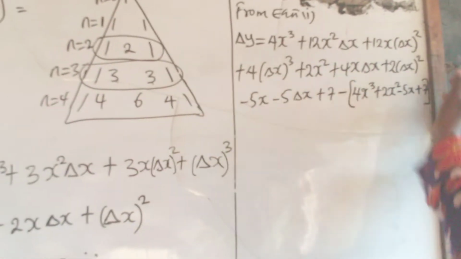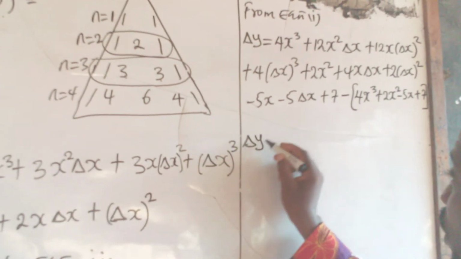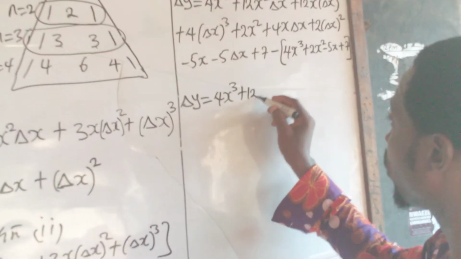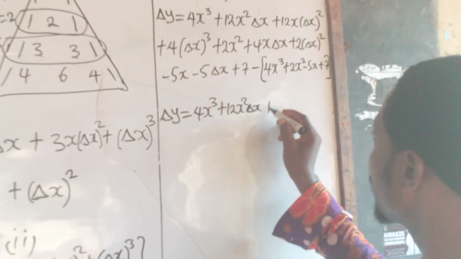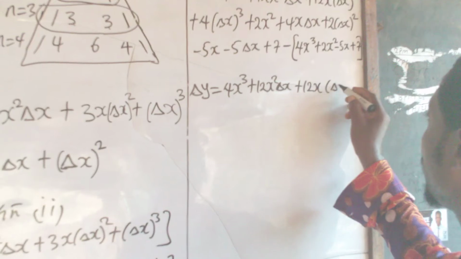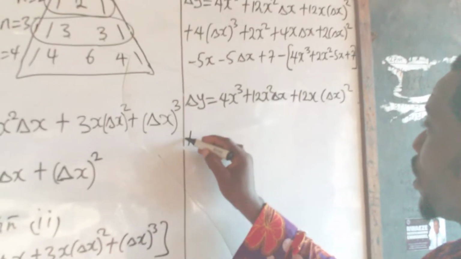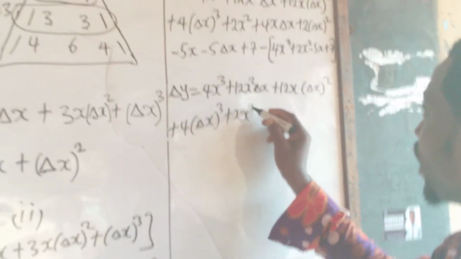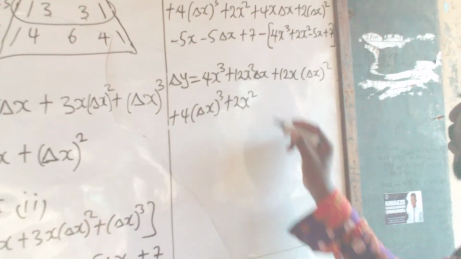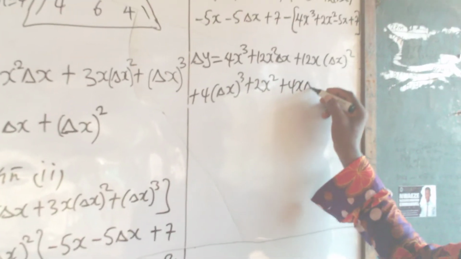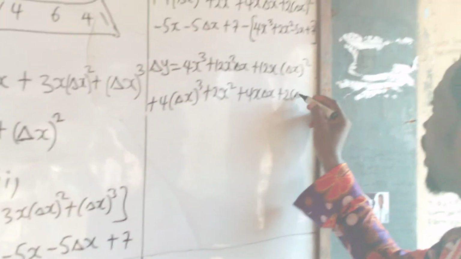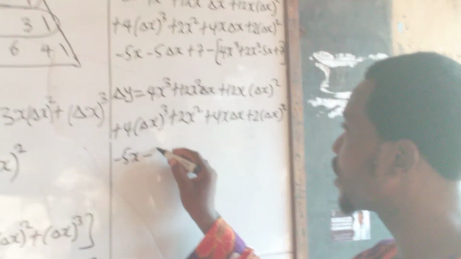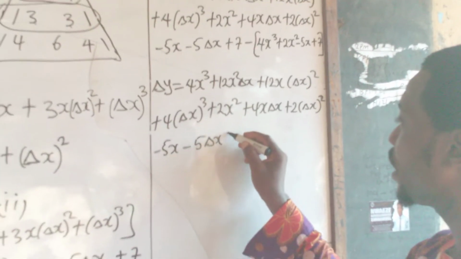So when you do that here now, we are going to have that change in y will be 4s raised to the power 3 plus 12s squared change in s, plus 12s into change in s raised to the power 2, plus 4 into change in s raised to the power 3, plus 2s squared, plus 4s change in s, plus 2s change in s raised to the power 2, then minus 5s minus 5 change in s plus 7.